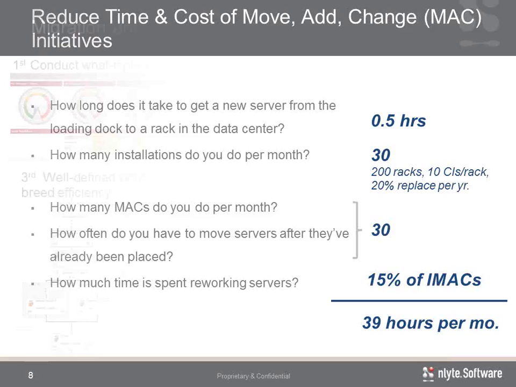So to do the standardization and consolidation, let's start in the top left corner of this slide. You start with your what-if planning. You have to identify what applications will be eliminated, and what assets are associated with those applications that are no longer needed or are duplicates.